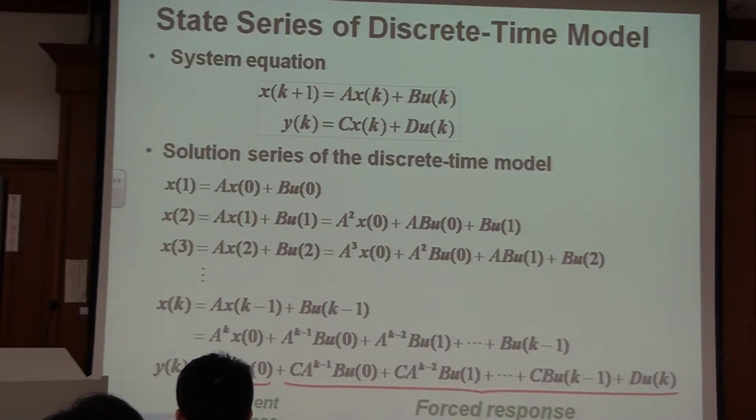So the transient response will be gone for a stable system as time goes on. That's why I want to prove to you that for a stable system the eigenvalues of A are less than 1, so the transient response becomes not very important when K becomes sufficiently large.